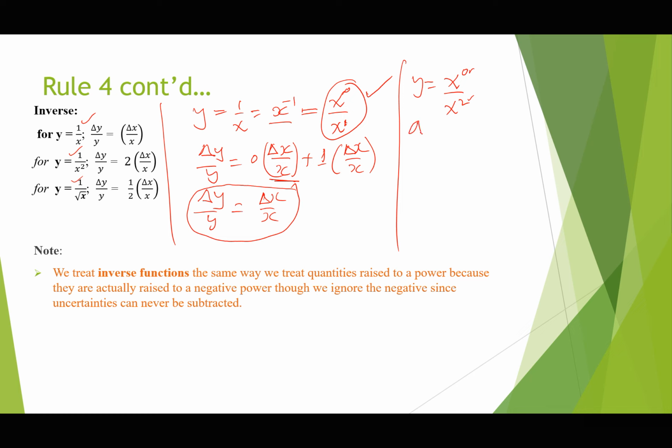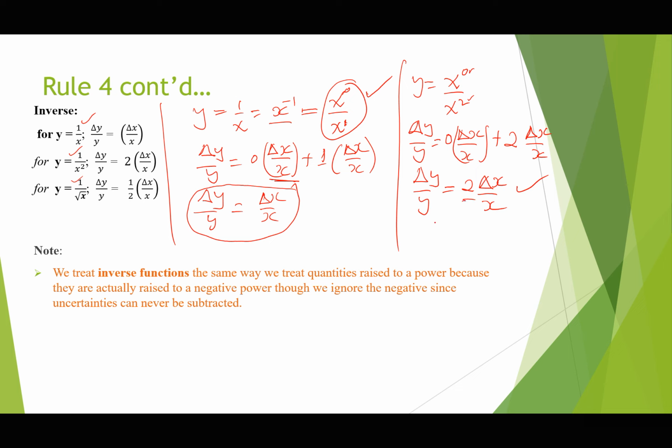Therefore, delta y over y will be equal to 0 times delta x over x, plus 2 times delta x over x. That means delta y over y will be equal to twice delta x over x. As simple as that. So you see this was a power in the denominator.